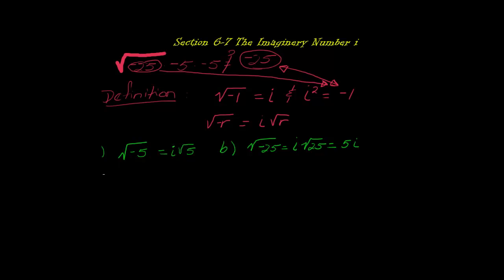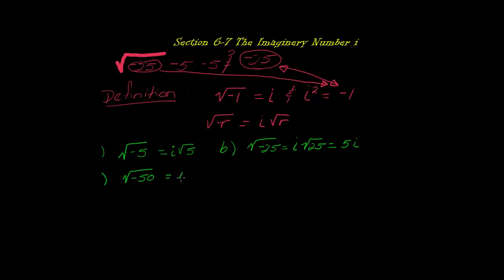Similarly, we have gone from having a non-perfect square times i, to having a perfect square of 25, 5i. The next portion here is the square root of negative 50.